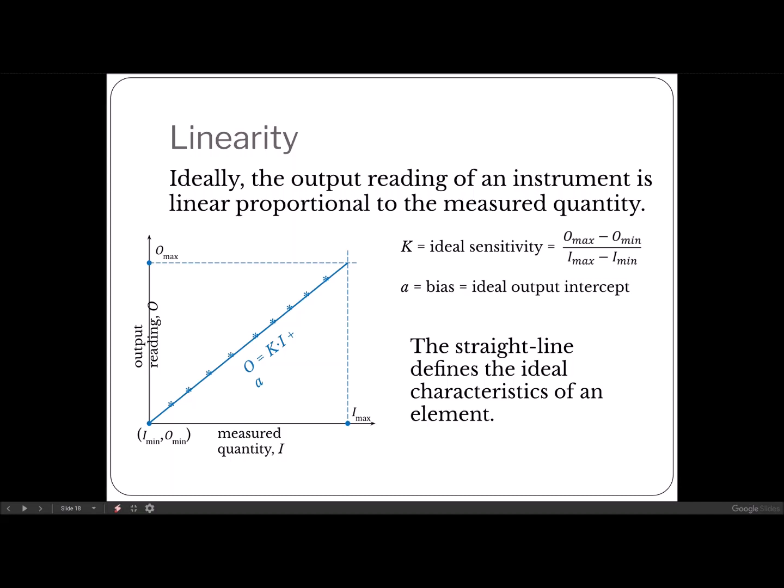You see the digital display with an LCD screen on it, but the output actually is a current. So in this case, there is a relationship between the input, the temperature that is measured, and the output of this thermometer, which is the current.